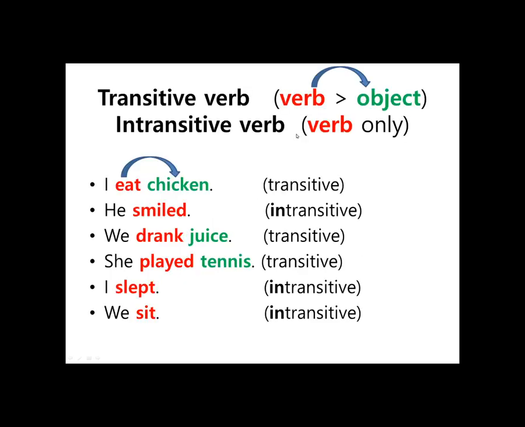Here is an overview of what we will learn. So let's have a look. We have transitive verbs, this is a verb acting on an object. And intransitive verbs, this is a sentence with just the verb and no object.